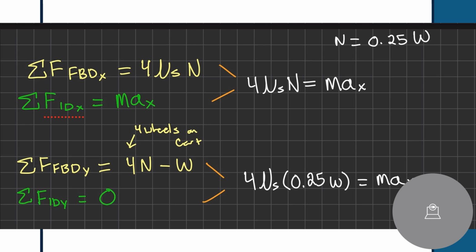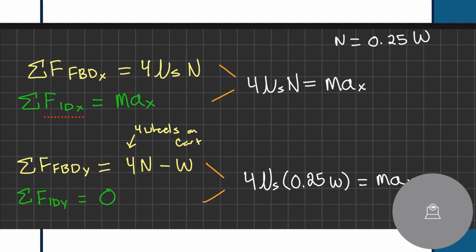And then for the inertia diagram, we actually have a value of 0 in the y direction, as there is no movement or inertia in the y direction. This is only going in the x.